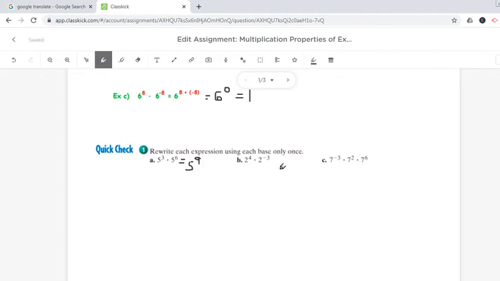All right. Same base of 2. Add the exponents. 4 minus 3, 1. So 2.